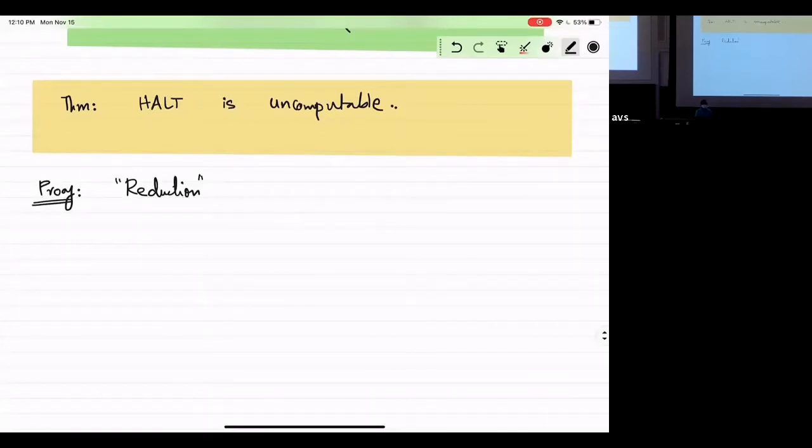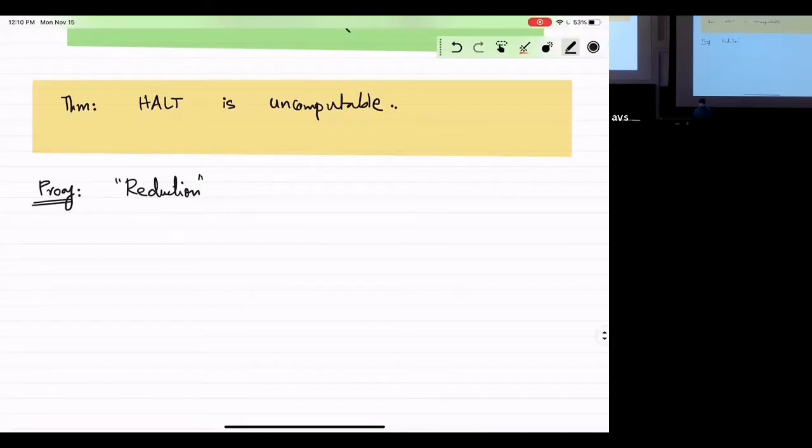Meaning, you ask me to solve a problem, I'll just point you to solve another problem. So we're going to follow something similar here, which is, you asking me to show whether or not halt is computable, I'm going to reduce it to what we already showed, which is that toddler is uncomputable.